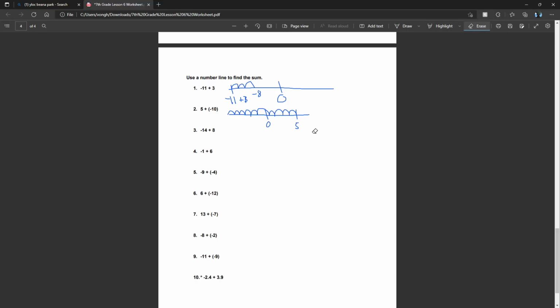Let me just, if we have 0 here, this is 5. So we start from 5 and you add negative 10. So that means it's going backwards. So it's 1, 2, 3, 4, 5, 6, 7, 8, 9, 10. That means it should be negative 5 here. So yeah.